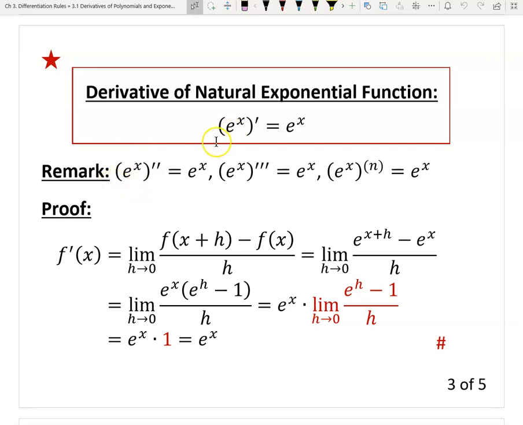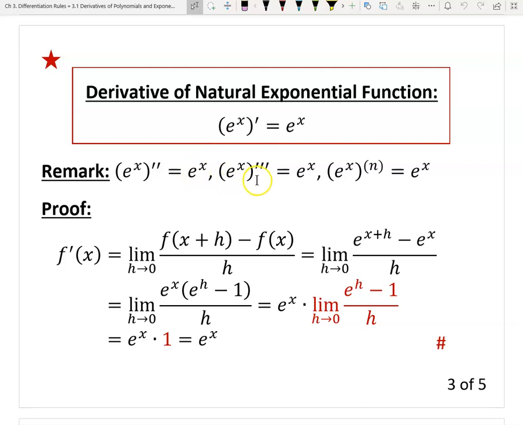Now we have a remark. If we know the first derivative equals itself, how about the second derivative? The second derivative is the derivative of the first derivative. The first derivative is e raised to the x, and taking a derivative again, of course, is itself. Therefore the second derivative is still itself.